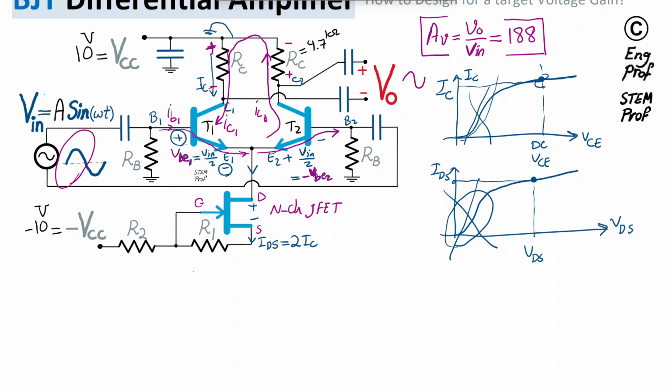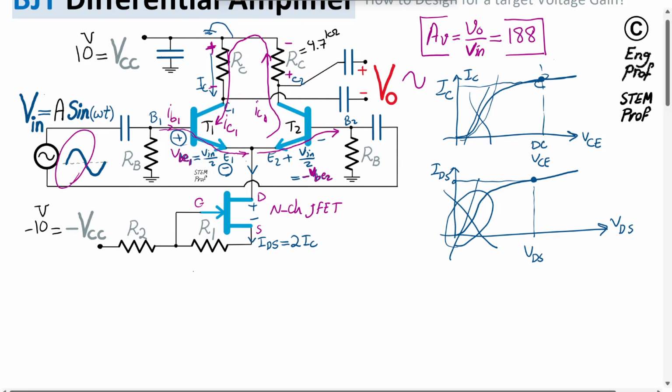So effectively, between the positive terminal of the output, which is this node, and the negative terminal of the output, which is this node, we have two RC-IC voltage drops because of the two RC resistors.